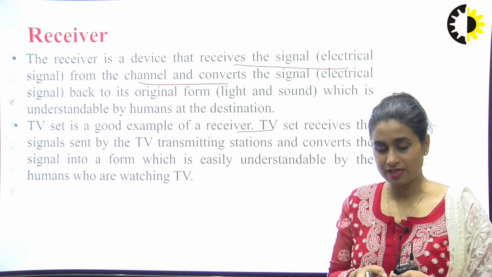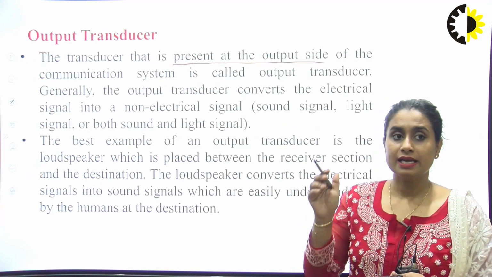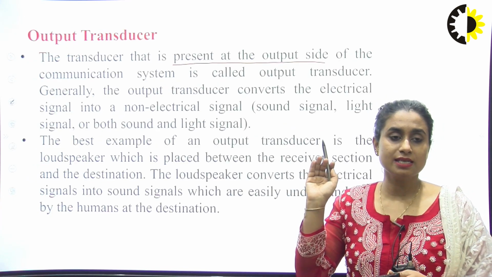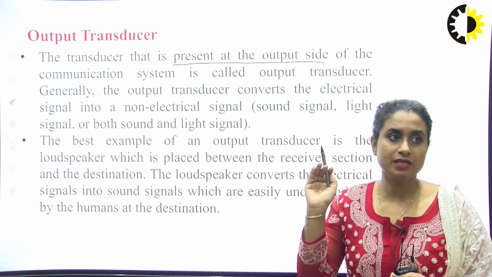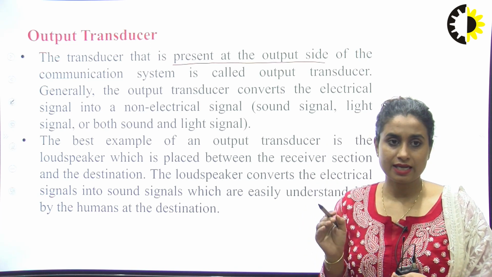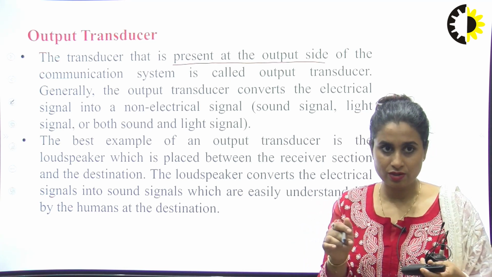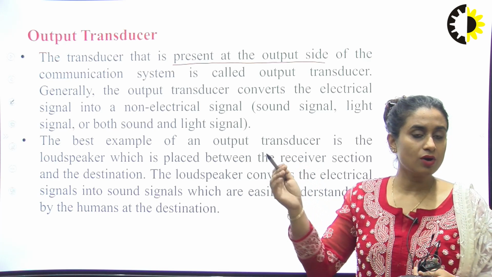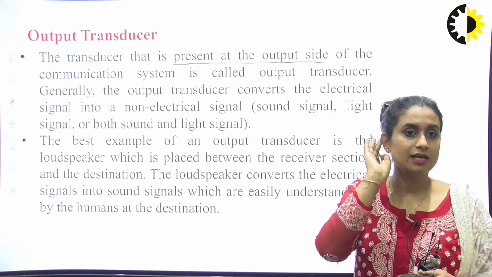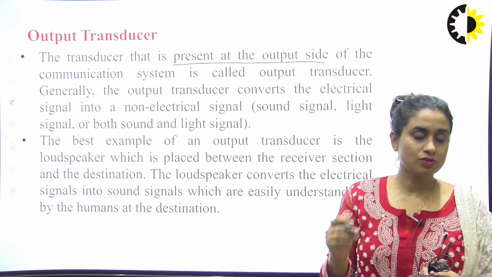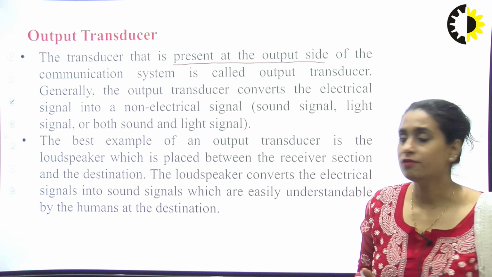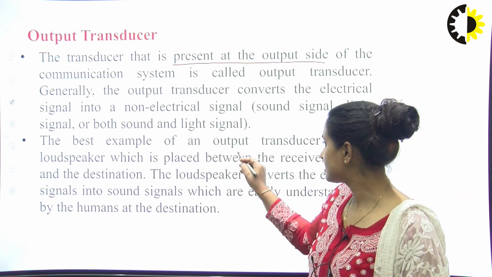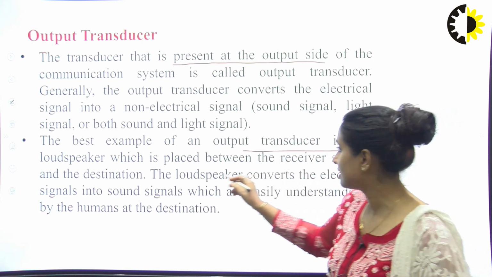This is a reception device. Then converting the electrical signal into the original signal will be the job of the output transducer. Like the electrical signal you receive through your desktop, laptop, or mobile phone is converted into an audio signal and you are able to hear that, you are able to see that. So this job is of the output transducer. The best example of an output transducer is the loudspeaker.